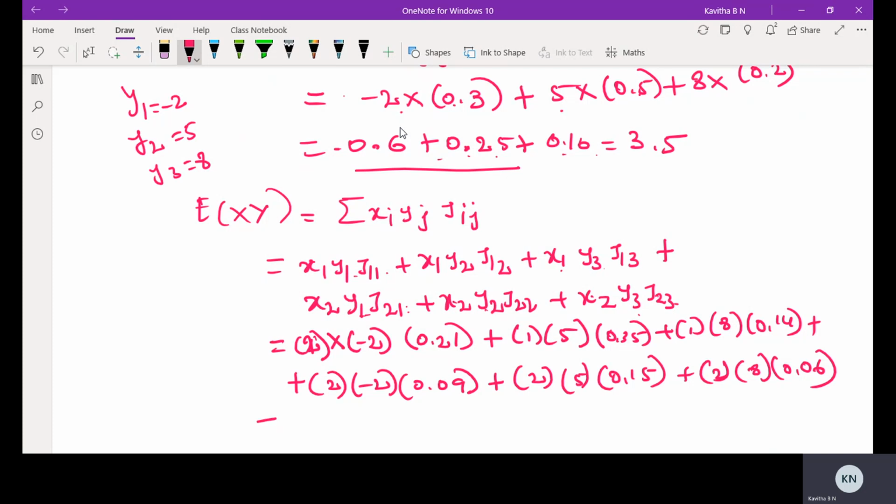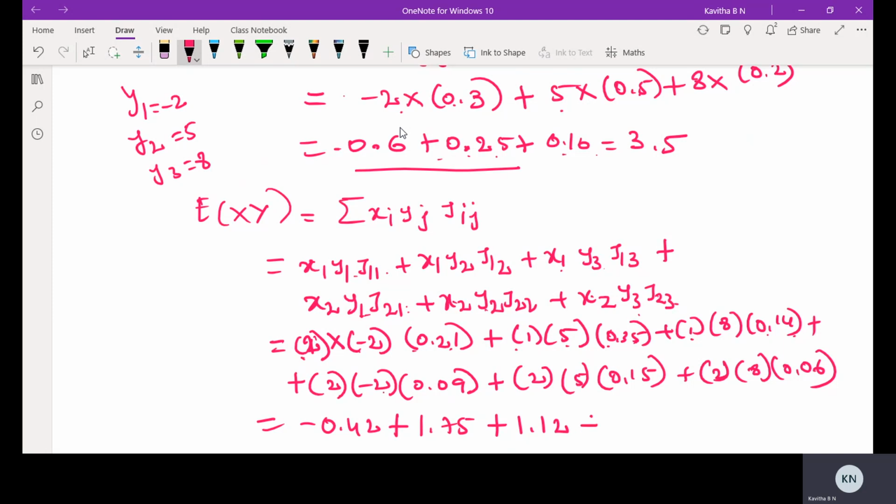Okay, add it, simplify here. 1 into minus 2 into 0.21 is minus 0.42, plus 1 into 5 into 0.35 is 1.75, plus 1 into 8 into 0.14 is 1.12.